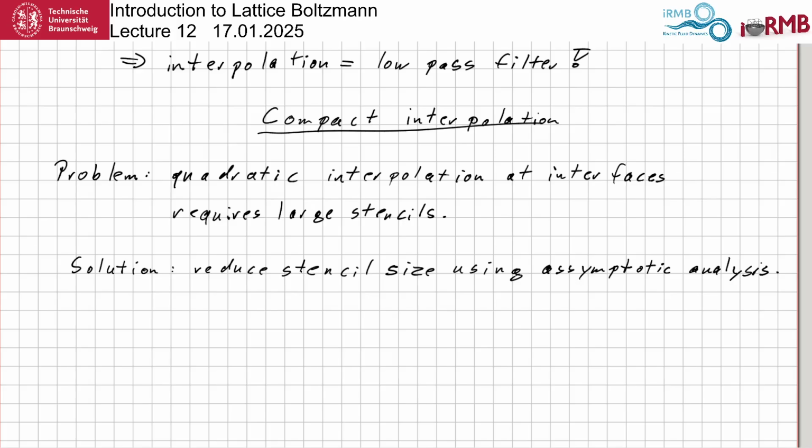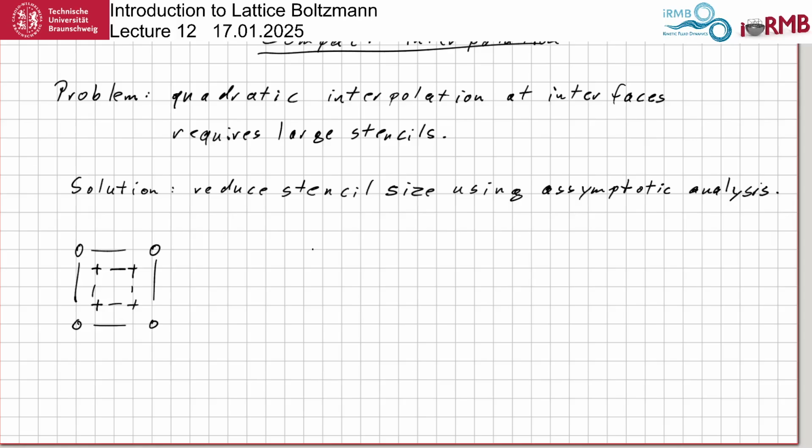So we are using asymptotic analysis to get our stencil smaller. The way we want to do the interpolation is the following. Say this here is in what we call an interpolation cell.